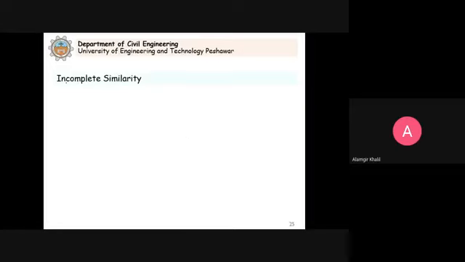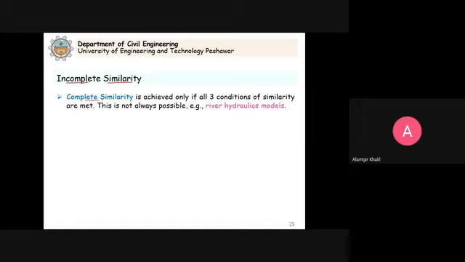You see incomplete similarity that we already studied. If you remember the geometric similarity, we studied that it is not always possible. Similarly, complete similarity is achieved only if all the three conditions of similarity are met, but this is not always possible.